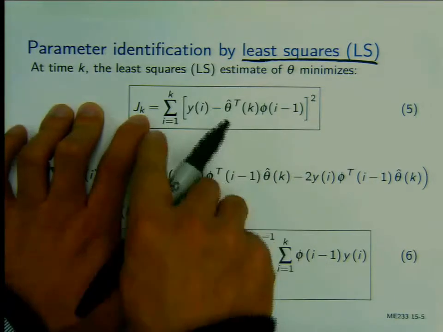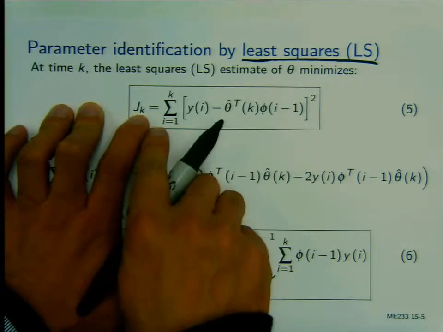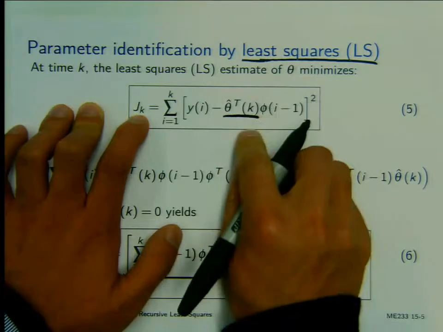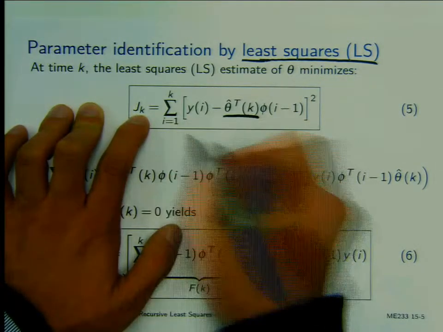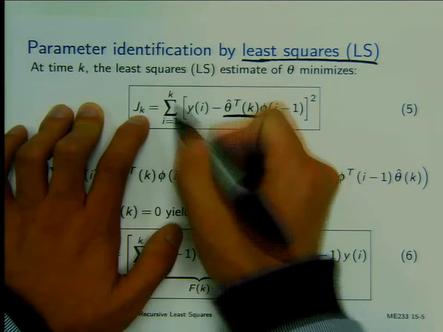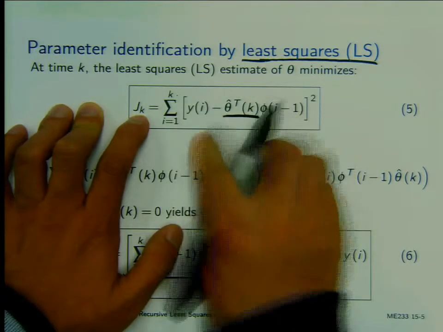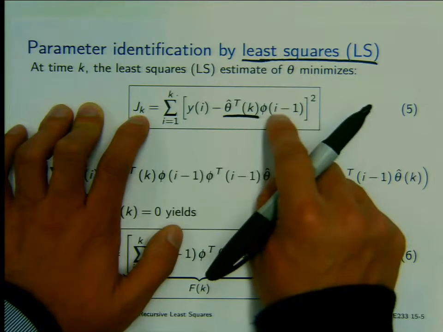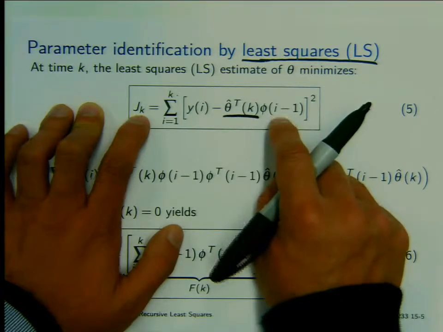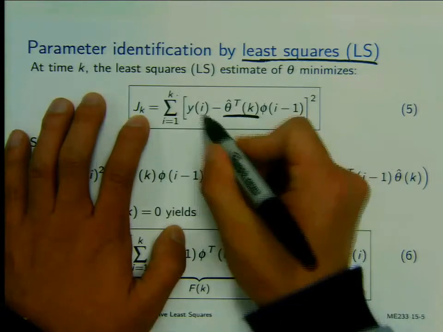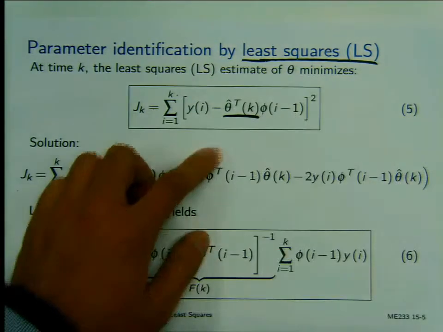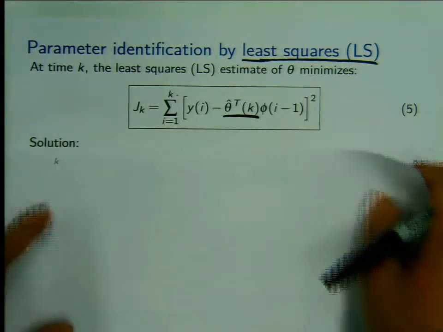J_k means I want to estimate the plant parameter theta hat k based on all the information I can collect from time 1 to time k. So that means I have y0 all the way to yk, and I have phi all the way to phi k minus 1. So I am estimating theta hat k based on all this information that I can collect up to time k.